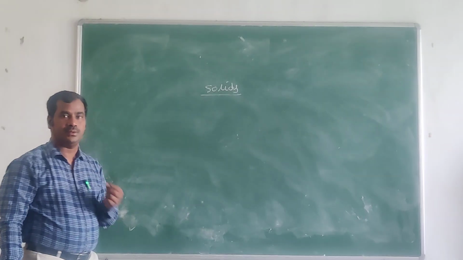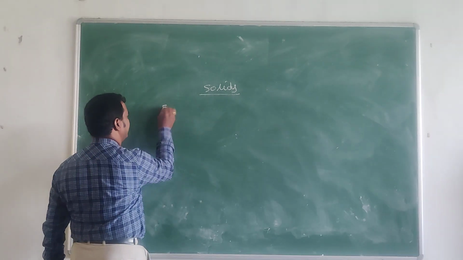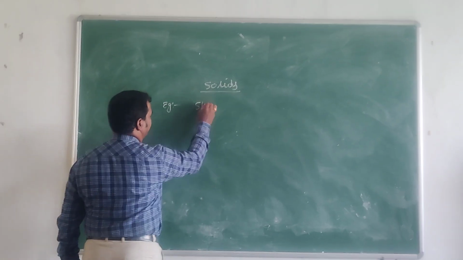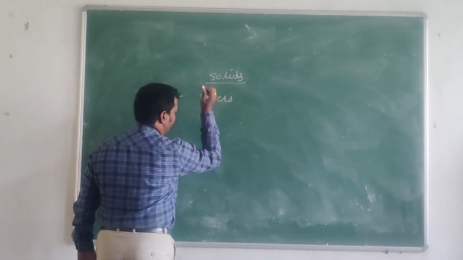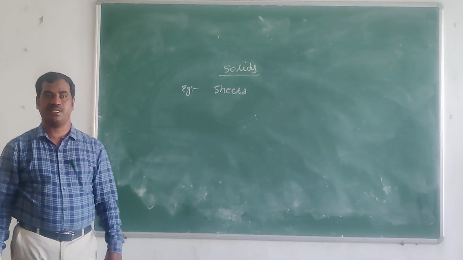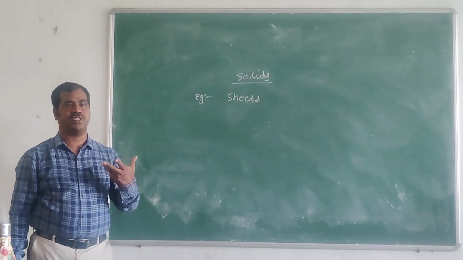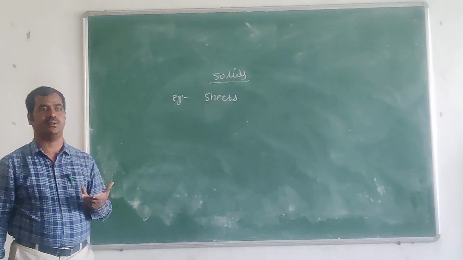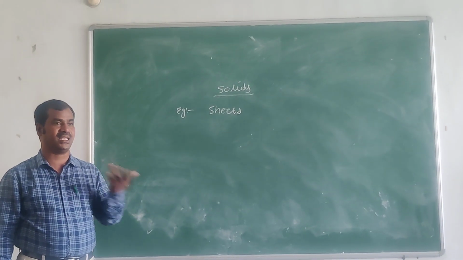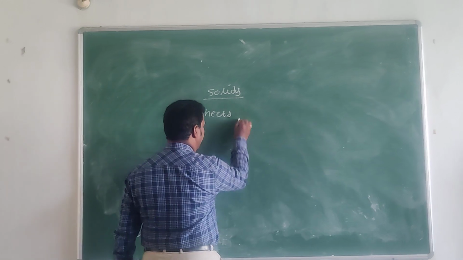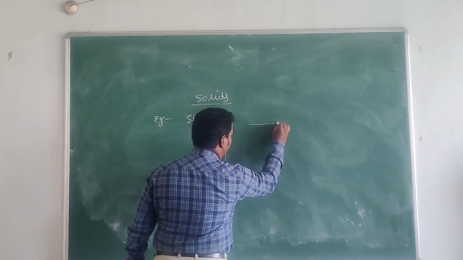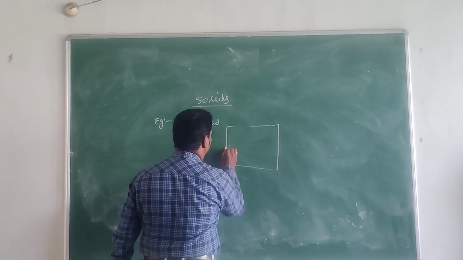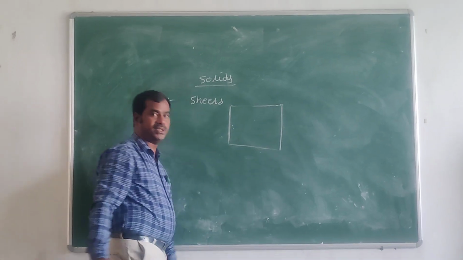Solids. For a small example, seeds. How do the seeds contain some nature of sample? The seed's thickness is low. How is it checked? Before that, we want to collect the sample. The seeds are of different shapes.